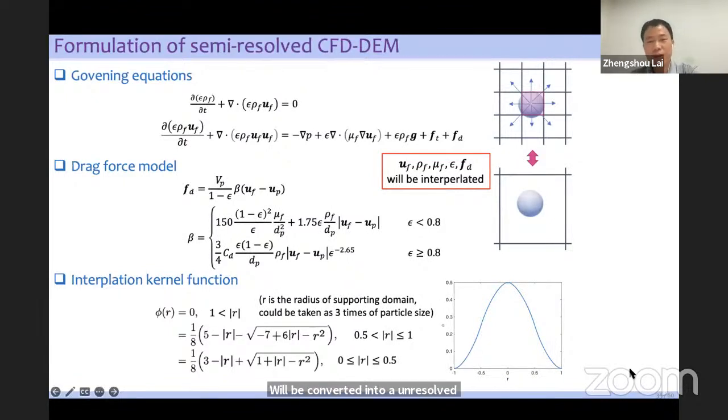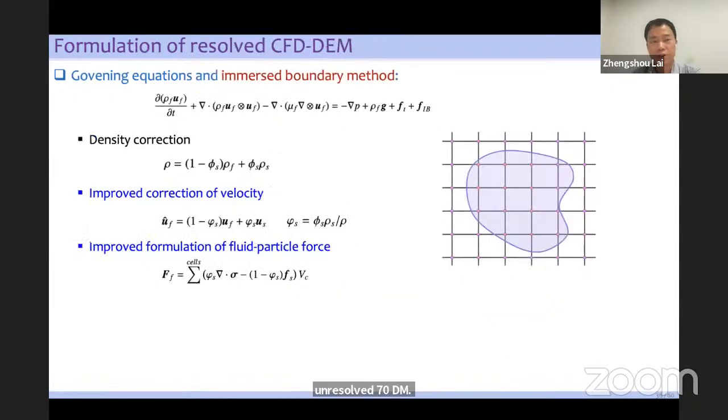So actually, there is a lot of literature on the unresolved CFD-DEM, and our main contribution is on the resolved CFD-DEM, because most existing research on resolved CFD-DEM mainly works on spherical particles. So here we extended the conventional resolved CFD-DEM.